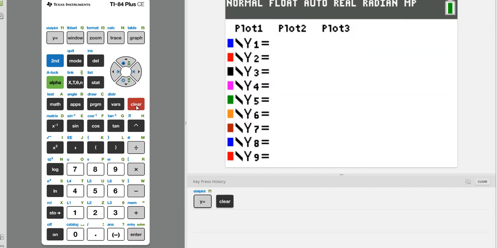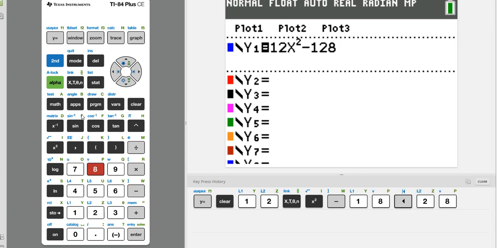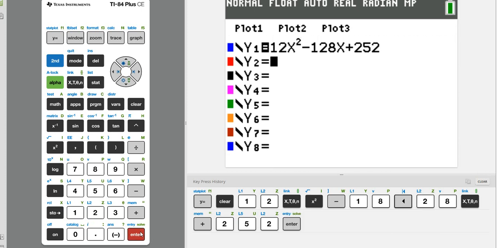So I'm going to plug the first derivative into my graphing calculator: 12x squared minus 128x plus 252. I want to know where this actually equals 0.